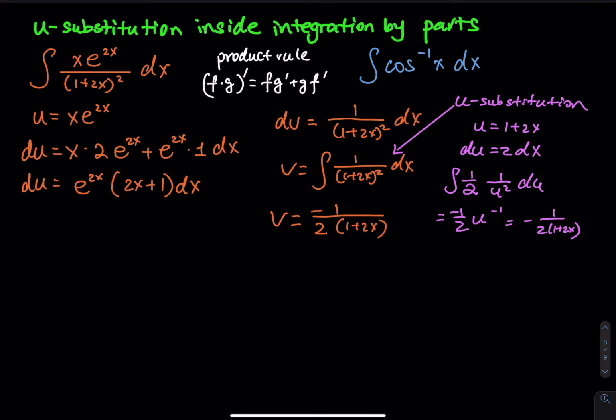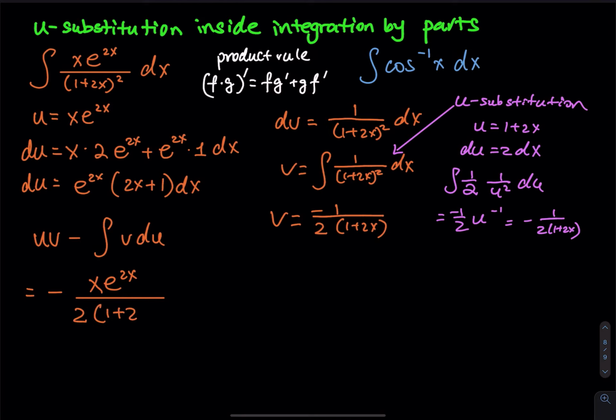All right, and then we do the uv minus the integral of v du. So uv will be negative x e to the 2x on top, and the bottom is 2 times (1 plus 2x), and then minus the integral of v du.